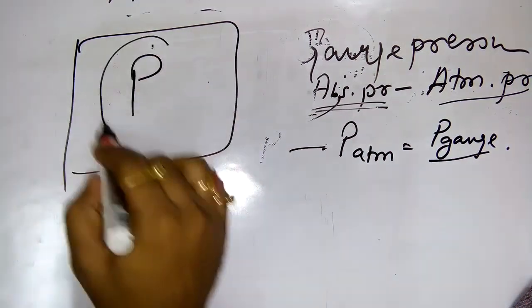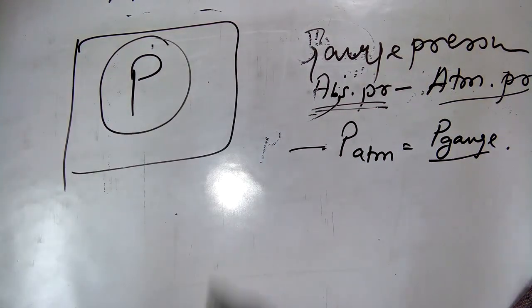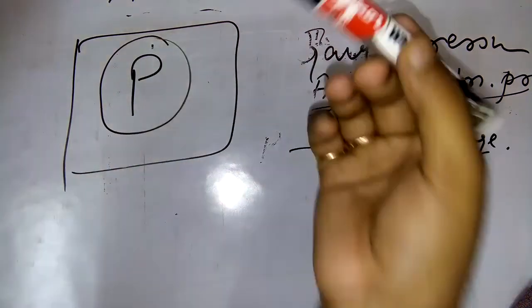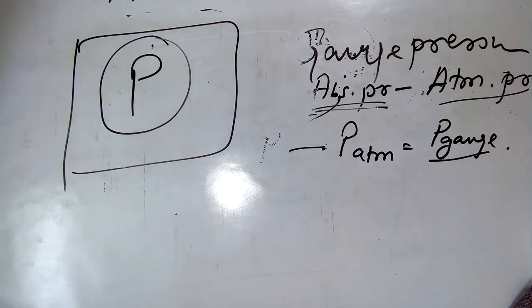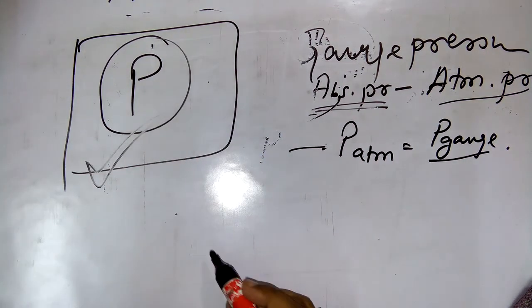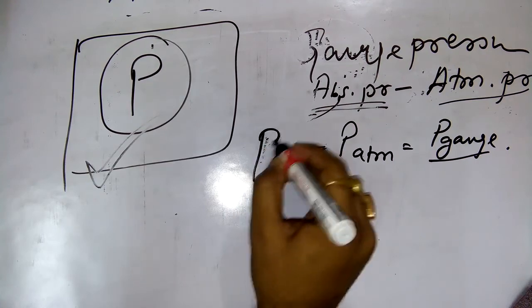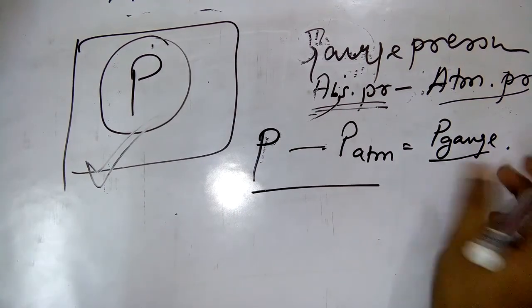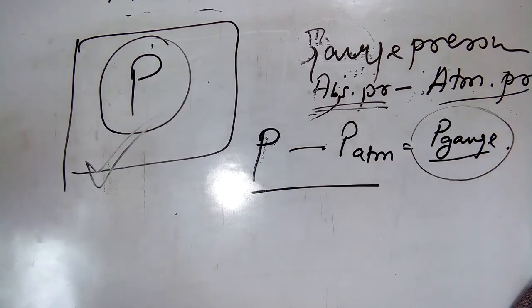It is having some pressure P, but I want to know how much this pressure is more than the atmospheric pressure. So how much is it more? It is nothing but P minus P atm. It gives you gauge pressure. So gauge pressure, important significance: I want to know how much the pressure of the system is more than the atmospheric pressure.